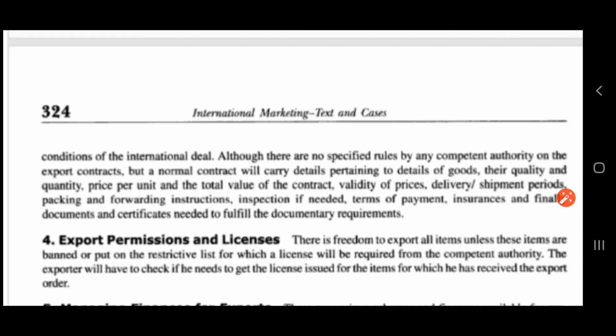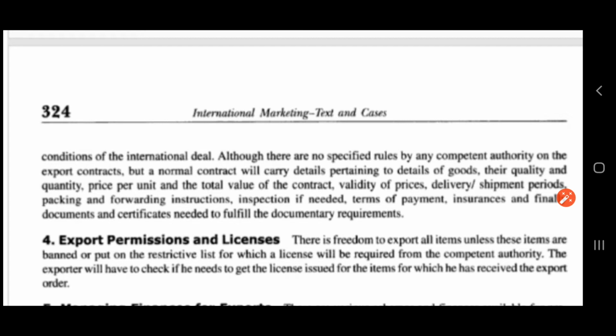But however, apart from those terms and conditions which are specified, one more, a normal contract with the details of goods, quality, quantity, price, validity of prices, delivery periods, and if any delay occurs in the delivery, what will be the circumstances, and inspection process, what if there are issues with the inspection results, and various terms about payments, and various insurances for shipment as well as about the goods.